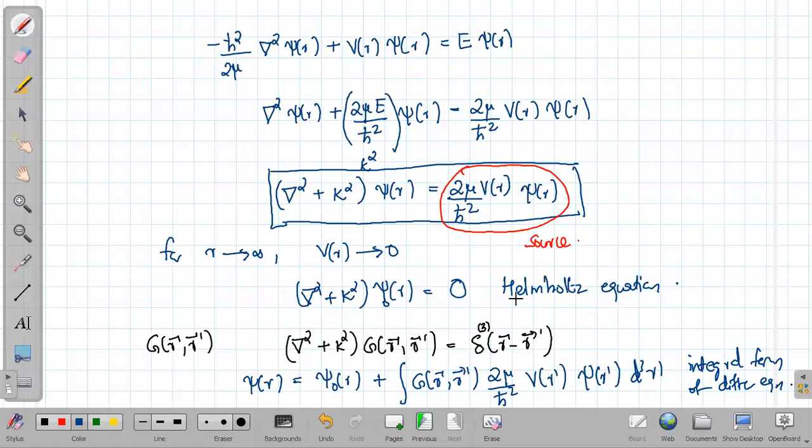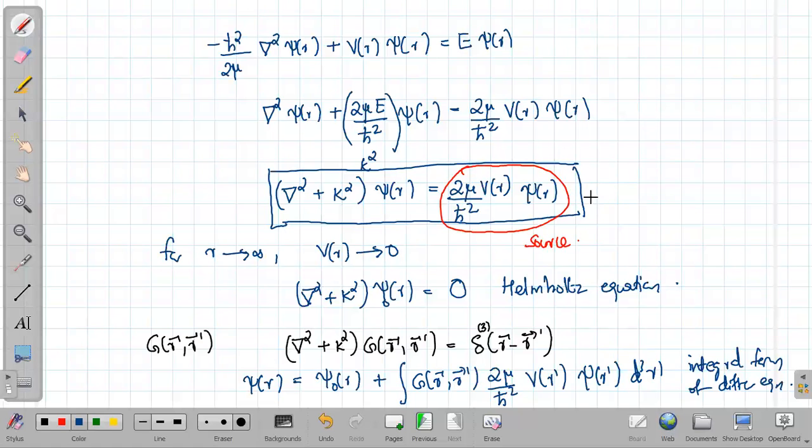Okay, so all these things we will discuss in this module, that is how to find the solution. Anyhow, you might be familiar with the applications of Green's function, how to use Green's function to find the solution of a differential equation and so on. So it may not be a very difficult task for you. I think this expression is convincing to you. If you are not convinced, then you can just substitute this expression psi of r into our original equation.